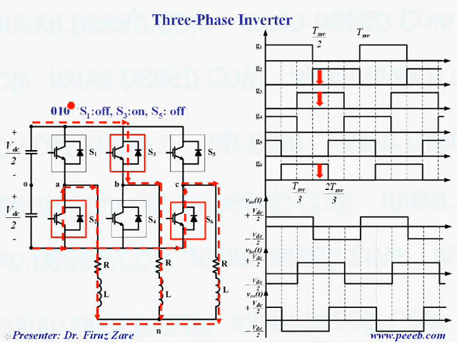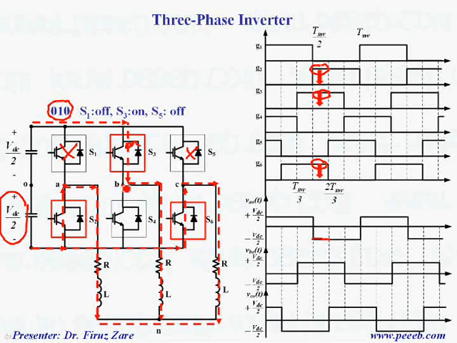In this switching state, 010, this switch is off, this switch is on, this switch is off, and here we can see the gate signals for S2, S3 and S6. When this switch is off, this terminal is connected to this point, so the output voltage for leg A is minus VDC over 2.